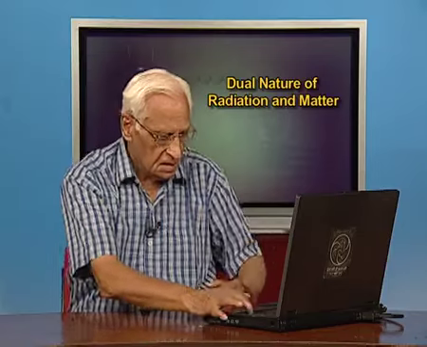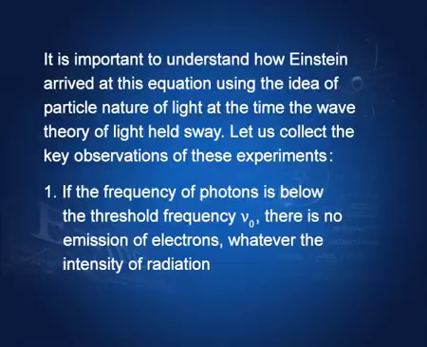Since this was a very important equation which won Einstein the Nobel Prize, let us see how he arrived at this equation. And as I have been saying earlier, he arrived using the idea of particle nature of light, and surprisingly, this was the time when the wave theory of light was accepted by everybody.